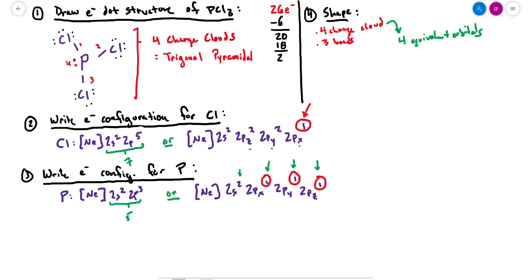Hybridization is always going to be determined by how many charge clouds you have. If you have 4 charge clouds, then you need 4 equivalent orbitals. How do you get 4 equivalent orbitals? You hybridize the s and the p's, all 4 of them, to give you 4 new hybrids, which we've already called the sp3 orbitals.